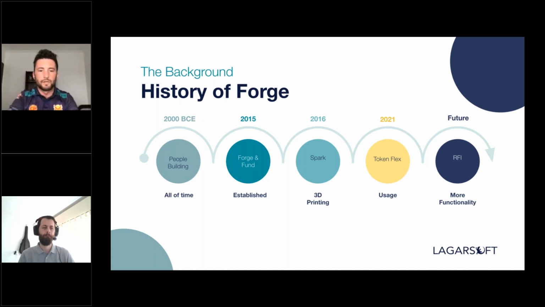Along with the announcement of the new platform, Autodesk also committed a $100 million fund to assist companies that were getting started in this space. So you know that Autodesk is committed to the platform. And in the last 6 years, they've continued to add more features and functionality. So in the last couple of years, they've added the TokenFlex API, and you'll see that they continue to invest in the platform so that it's got a robust future.